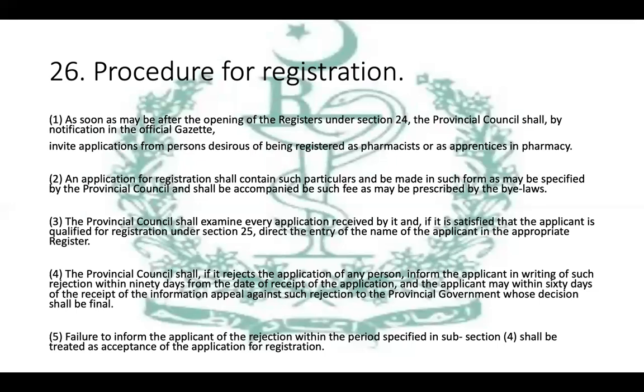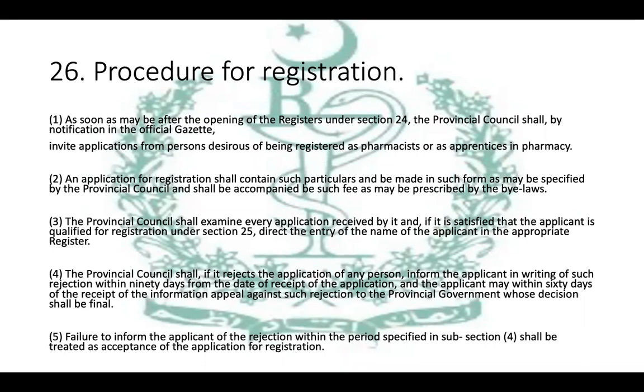If that council rejects and does not allow the registration of that pharmacist, then they can appeal to the provincial government about the decision of the provincial pharmacy council. So within 90 days, they have to inform that your application has been rejected, that you do not fulfill the criteria of the pharmacy council, and therefore the application has been rejected. So they have an appeal time of 60 days.